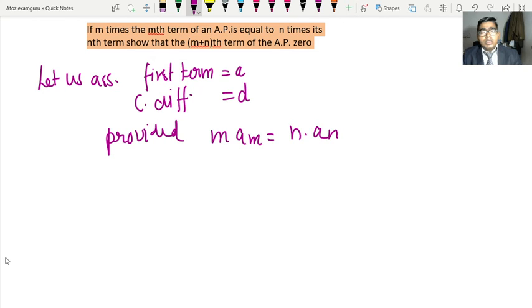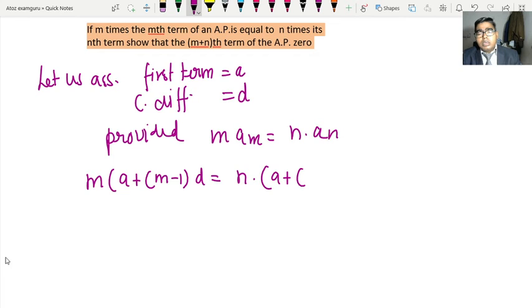First of all, we write M into A plus M minus 1 into D equals N into A plus N minus 1 into D. Right, friends? So let us see.